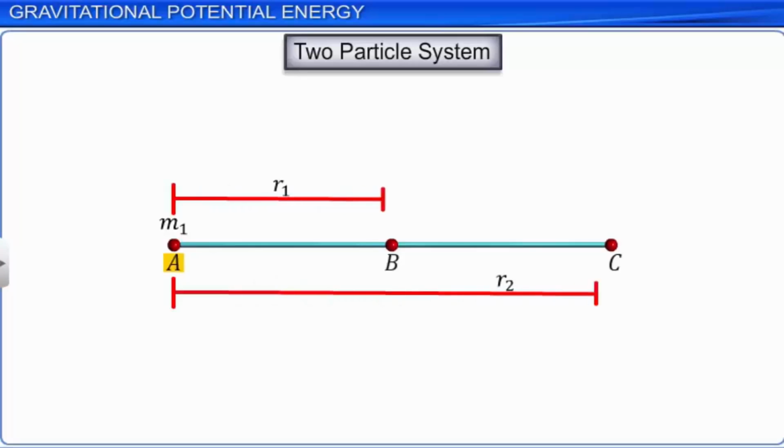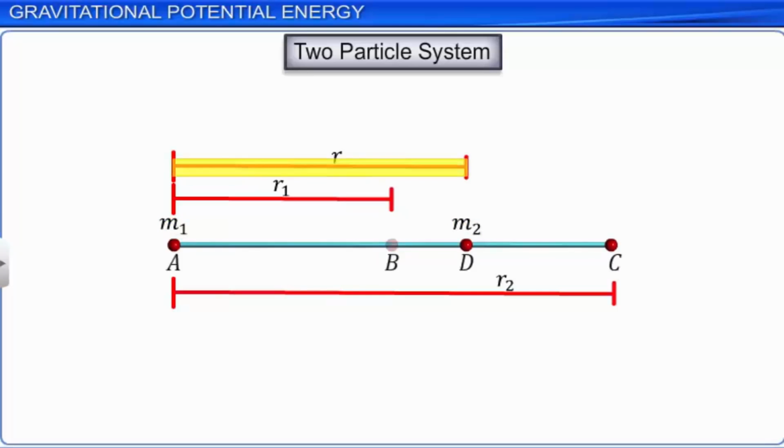In moving the second particle from B to C, consider an arbitrary position D, where its distance from A at a given moment is r. The gravitational force of attraction between particles of masses m1 and m2, separated by distance r, which acts along dA, is G m1 m2 divided by r square. Let this be equation 1.